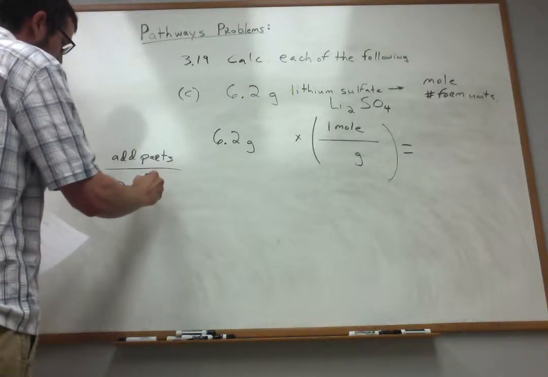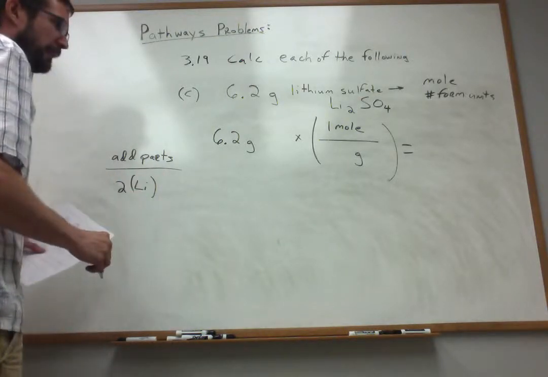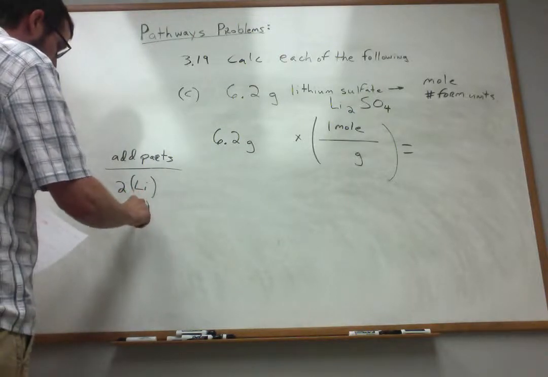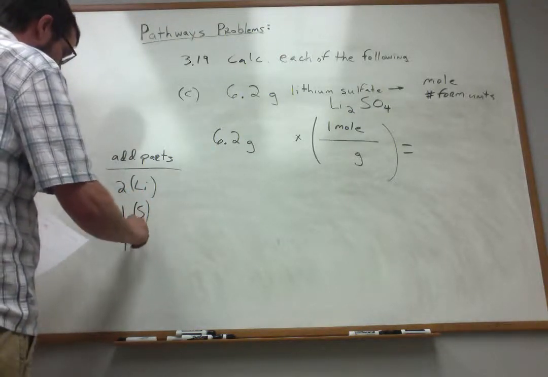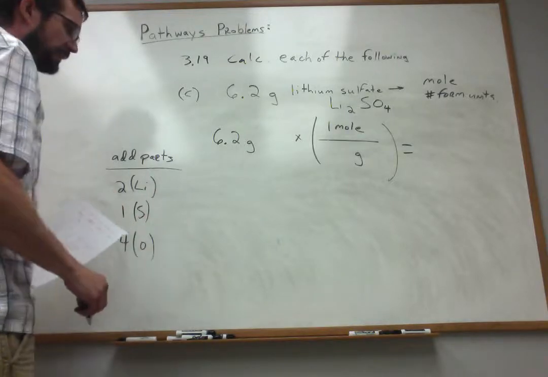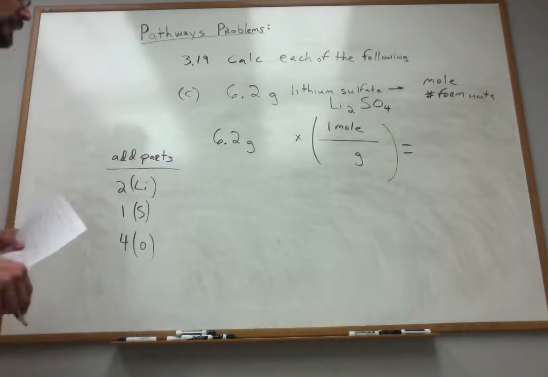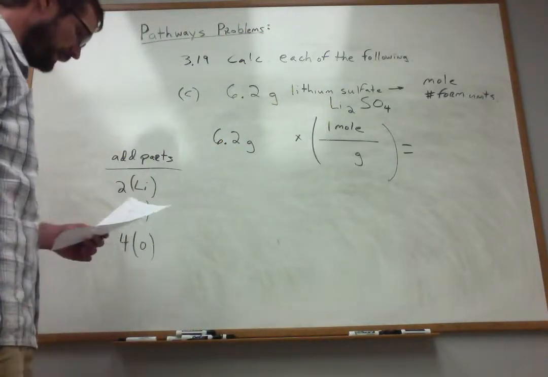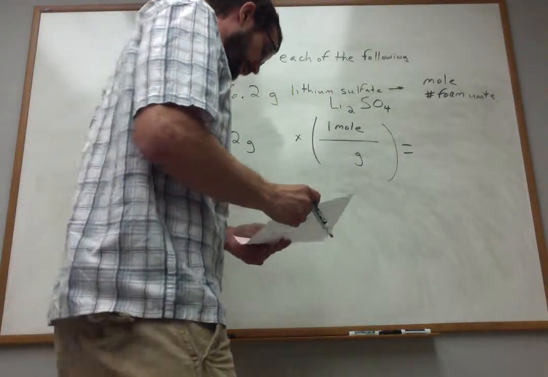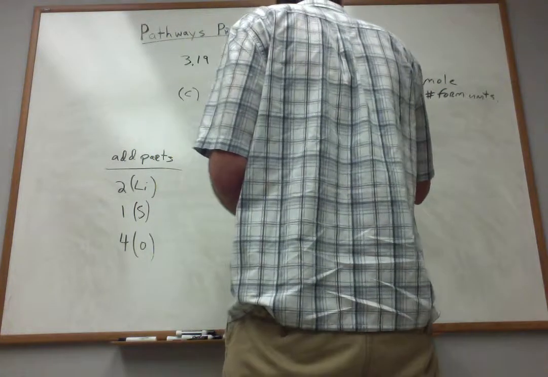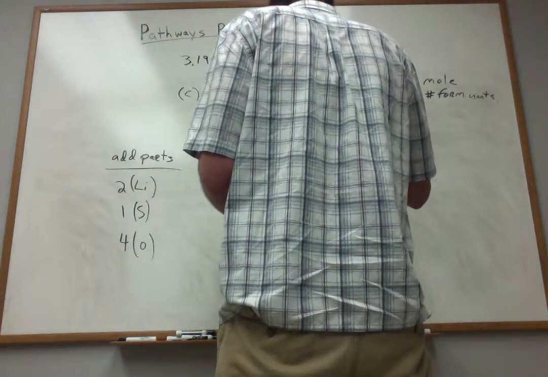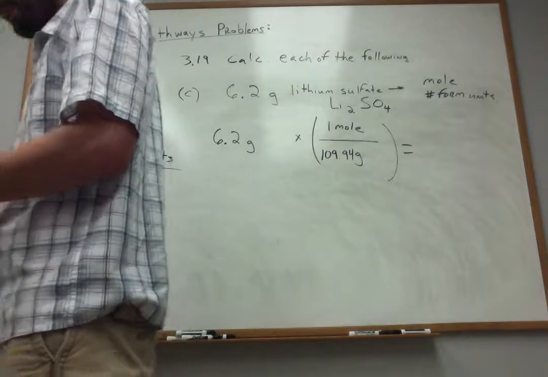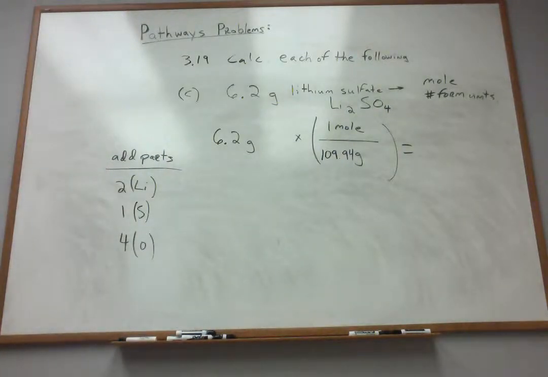So it looks like I've got 2 moles of lithium per mole of that compound. I'm going to have 1 mole of sulfur, and I'm also going to have 4 moles of oxygen. Those are my ingredients to make 1 mole of lithium sulfate. Okay, so if you add up all of the component parts, I get 109.94 grams per mole.